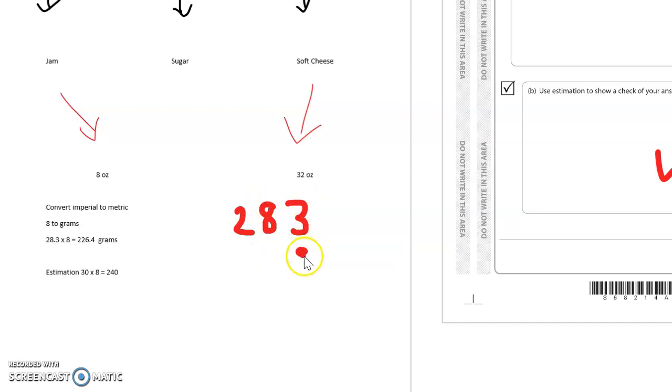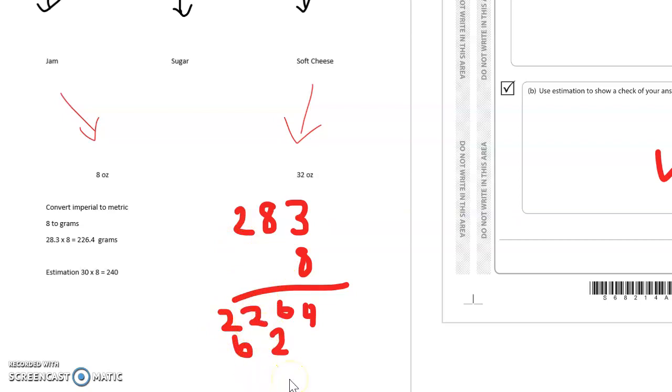One method of doing that is to take the decimal point out. So 3 times 8 is 24. 8 times 8, 64, plus the 2, 66. 2 times 8 is 16, plus 6, is 22.